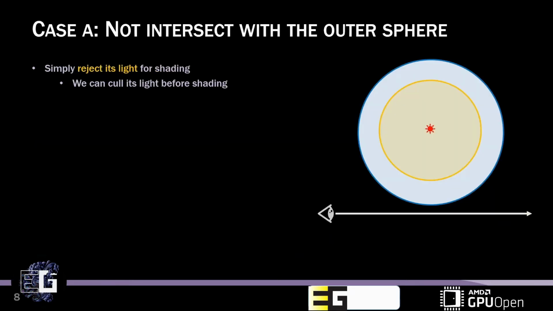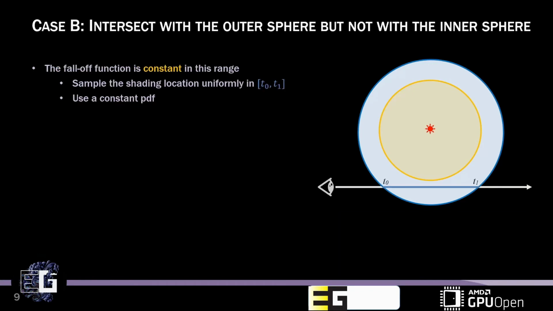First of all, let's choose case A, not intersecting with the outer sphere. In this case, we can simply reject and cull its light before shading. So, we don't need to consider its light. That's it for this case. And the next is case B, intersecting with the outer sphere but not with the inner sphere.